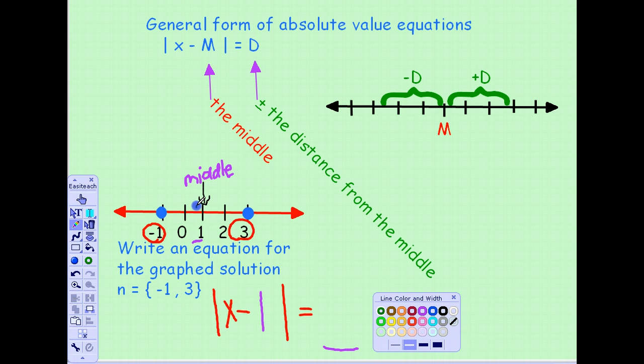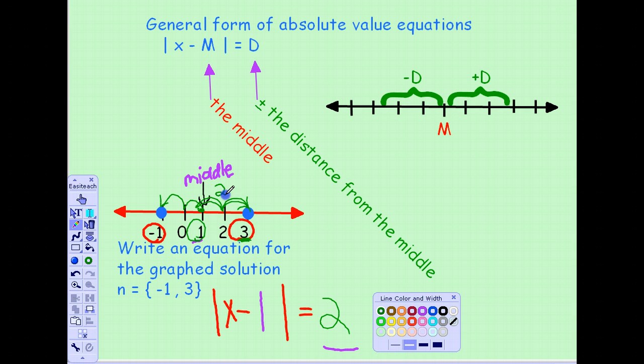In this case, we're looking, start at the middle, and you want to count how far is it out to those solution points, okay? So since our middle was at 1, how far is it from 1 to get over here to 3? So from 1 to 3 is only a difference of 2, okay?